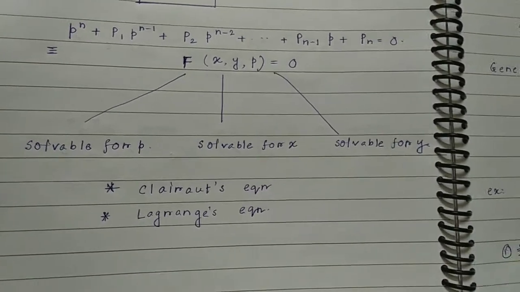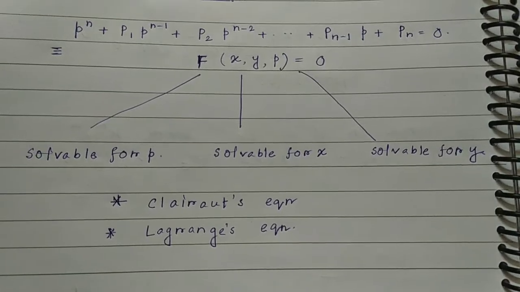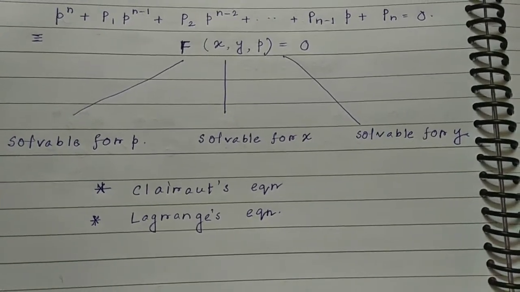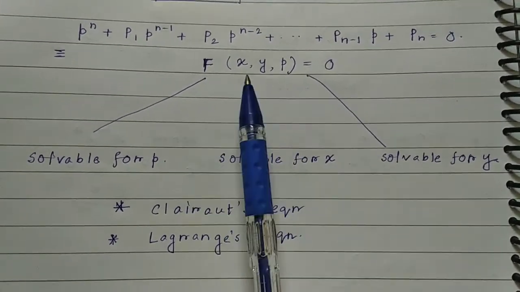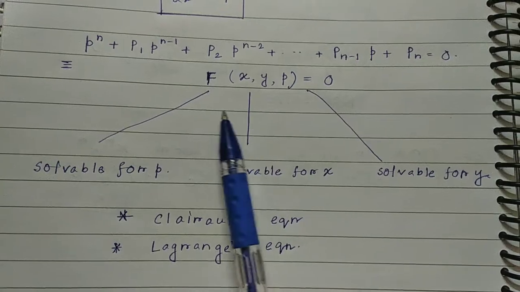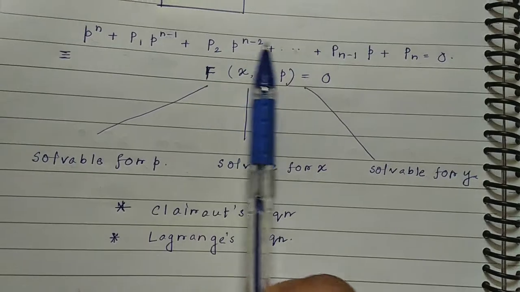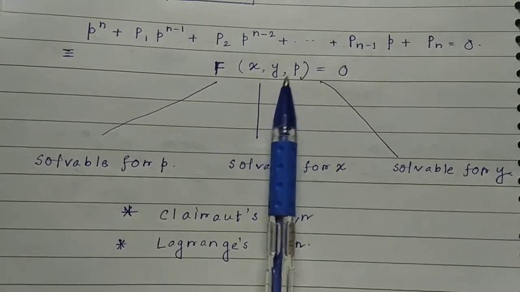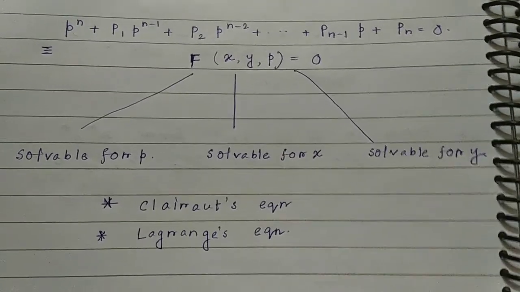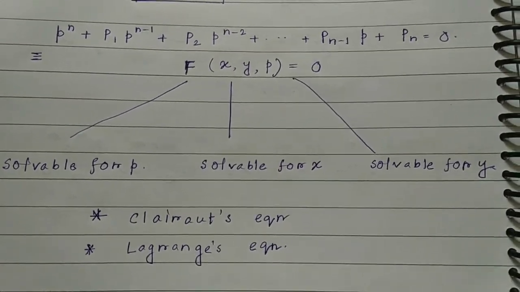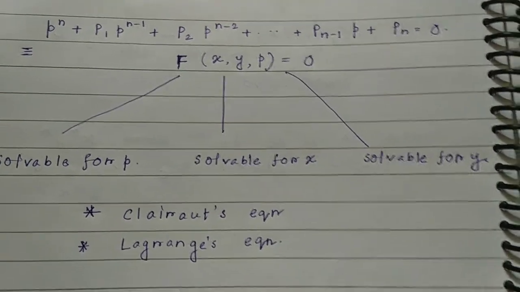Now, how to solve this equation? We have basically three ways by which we can solve it. I can say that most of the time these equations you can't solve; there are very few examples, because most of them are unsolvable.